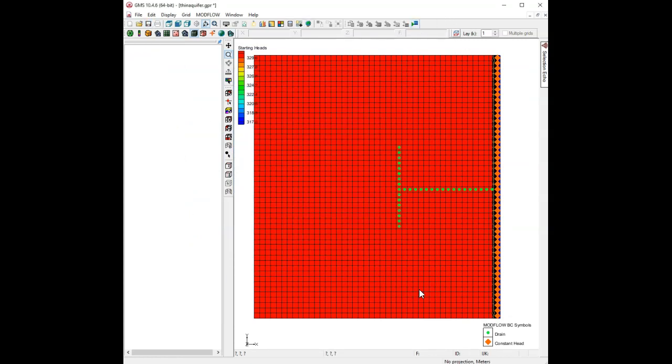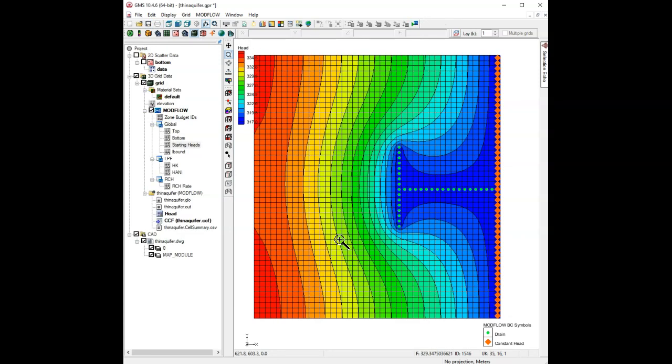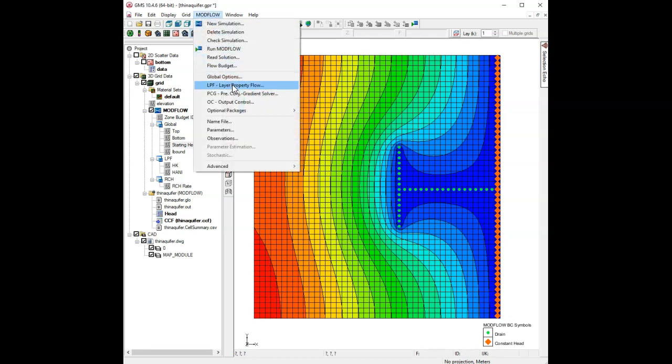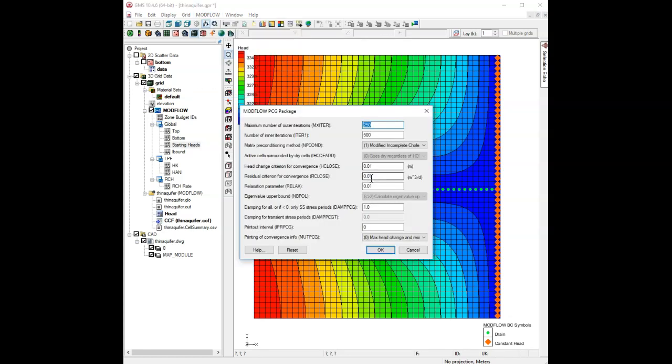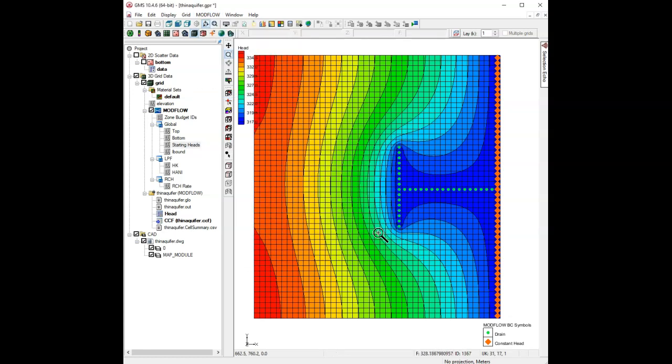With a combination of a small acceleration parameter, which is still 0.01, and moving the starting heads to be just above the bottom elevation, we were able to get a simulation where we don't have any dry cells.